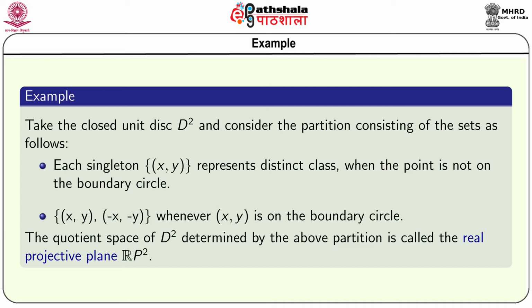Here we see that the partition is different from the one which we have explained in the last example, and therefore, the quotient space obtained is a totally different one. Previously it was a sphere, but in this case it is a projective plane.